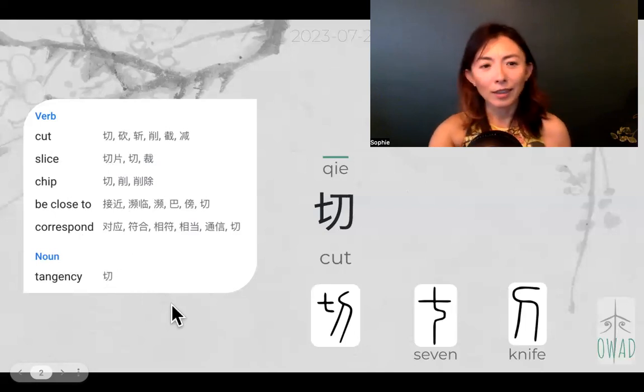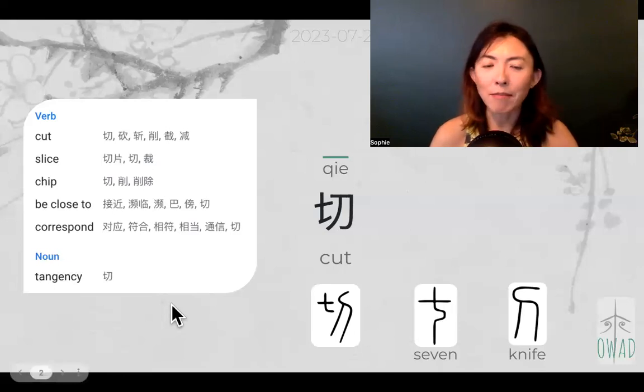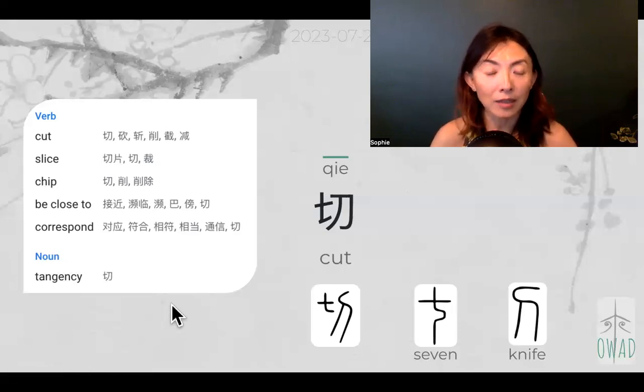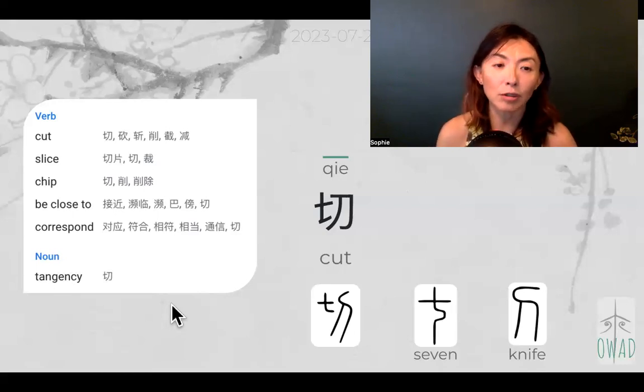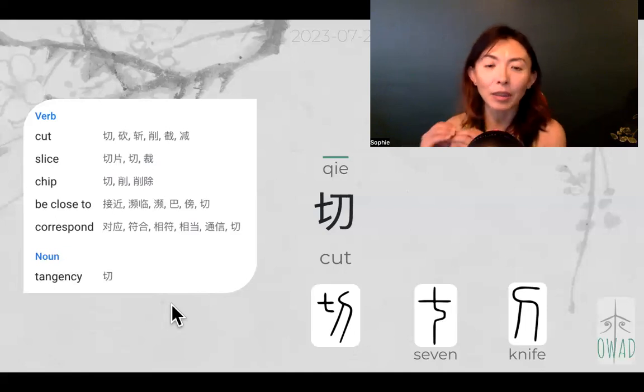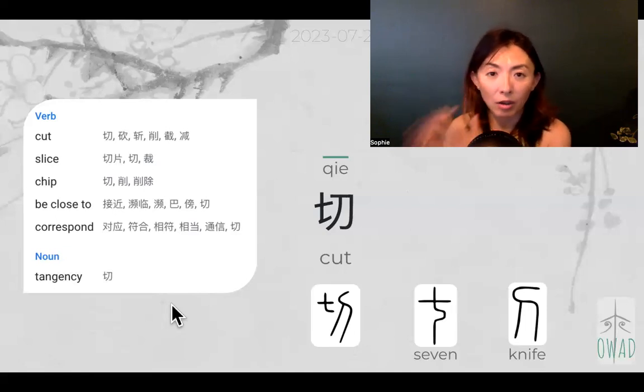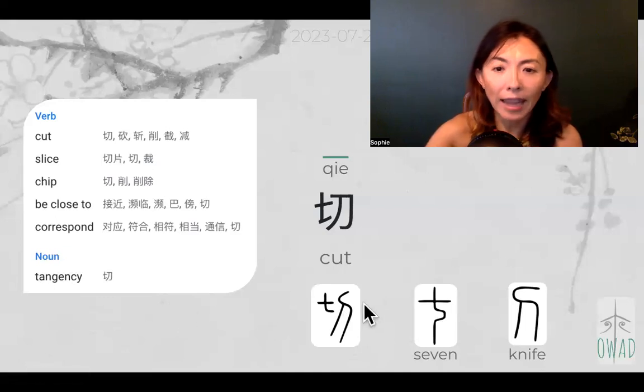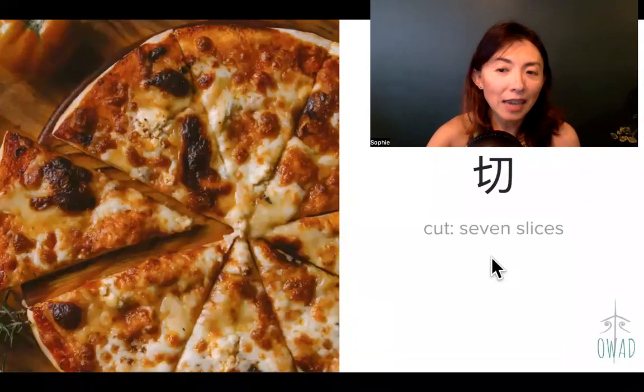I personally can't think of why right now. Maybe it could be some regional usage, and in some regional dialect may use 切 as corresponding. So that's 7 slices in Chinese means cut.